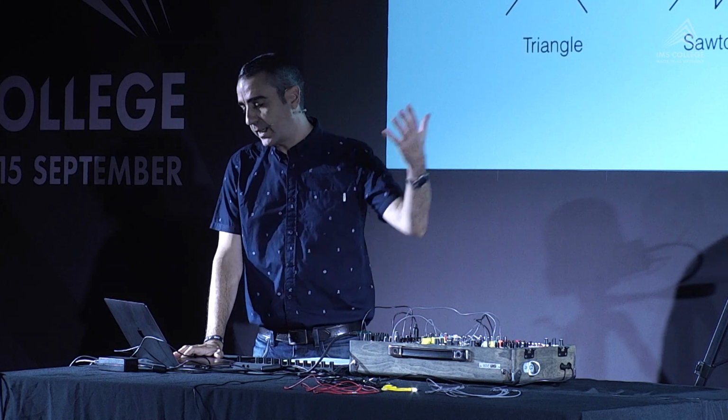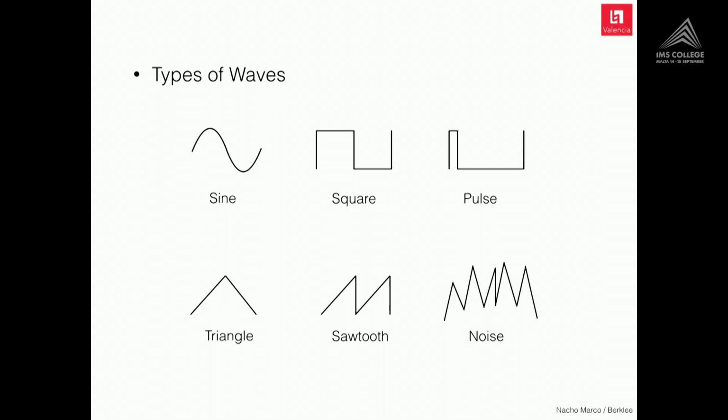Types of waves that we can generate with an oscillator: sine wave, square wave, pulse, triangle, sawtooth, and noise. What is the difference between one and the other? The harmonic content. Okay? The harmonic content is going to make us differentiate why a C is being played by a piano or by a guitar or by a flute.